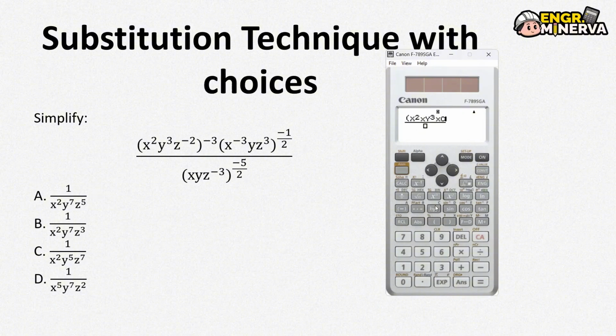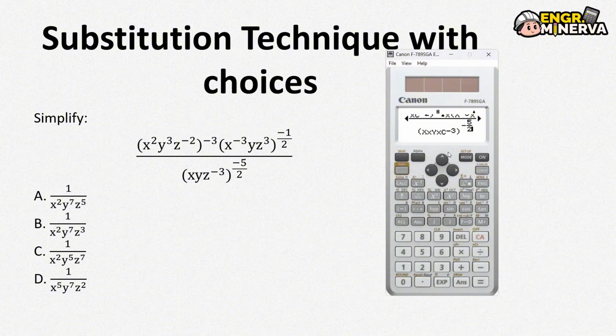We can use c rather, raised to negative 2, raised to negative 3, multiplied by x raised to negative 3, multiplied by y, multiplied by c raised to 3, raised to negative 1/2. Then overall, x multiplied by y multiplied by c raised to negative 3, all over raised to negative 5/2.